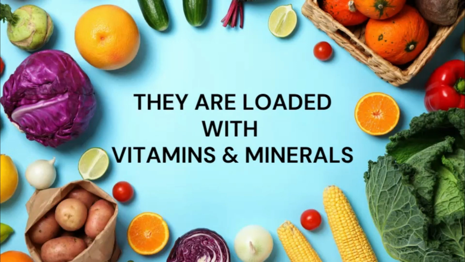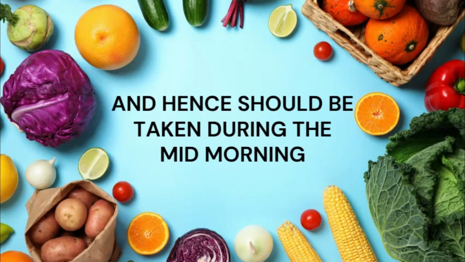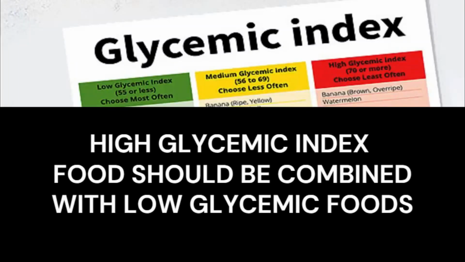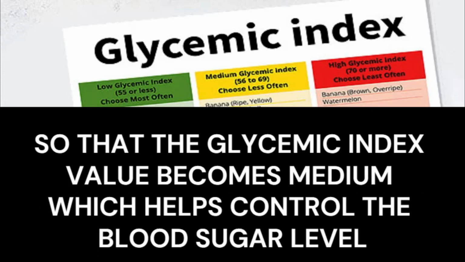Not only that, they are loaded with minerals and vitamins, and hence they should be taken during the mid-morning. High glycemic foods should be combined with low glycemic food so that the glycemic index value of the food is medium, hence it will control the blood sugars.